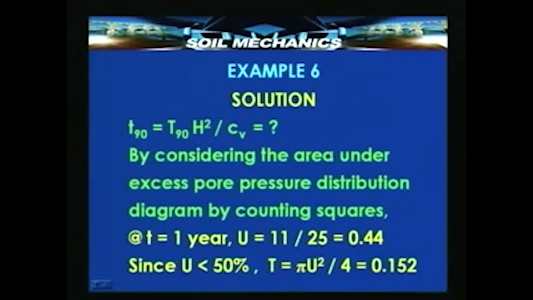So, we will apply this expression in two stages. First, we will apply this expression for capital T equal to 0.152 and small t equal to 1 year, and find out what h squared upon CV is, and then we shall use this value of h squared upon CV and 0.848 in place of T90 to find out the time taken, small t, for 90% consolidation.